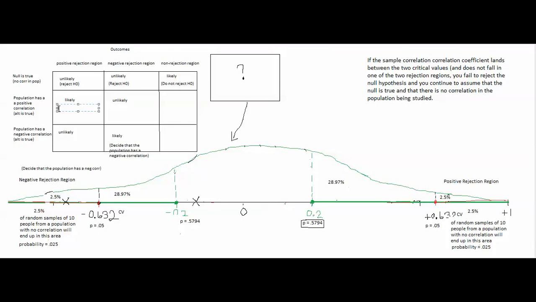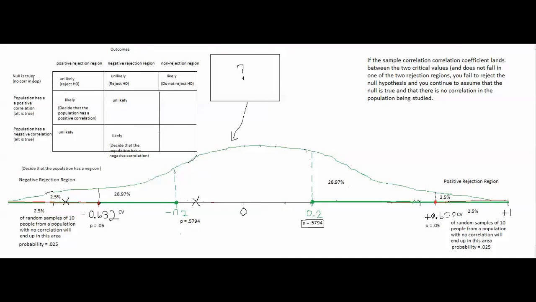So if our sample ends up out here in this positive rejection region, we decide that the population has a positive correlation, because out of these three possibilities that we have on the side right here, this possibility of a positive correlation is the possibility that would give us at least a decent chance of getting a sample in this area.